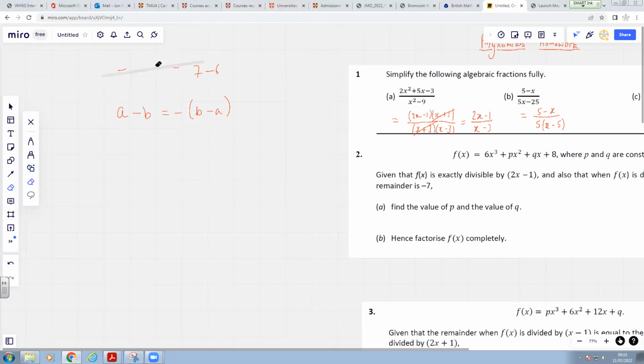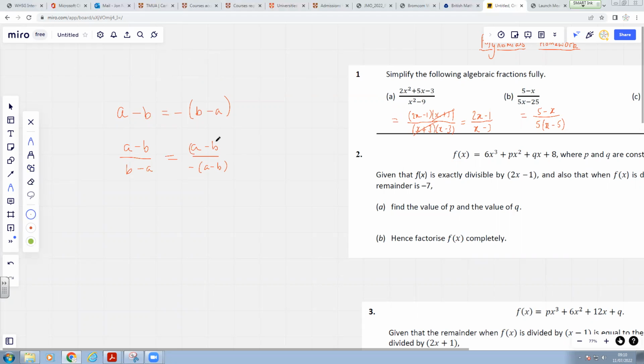So anyway, what that means is if you've got a minus b divided by b minus a, that's actually the same as a minus b divided by the negative of a minus b, because I can move that minus onto the other side, or you could write it at the top as minus b plus a. Perhaps it's easier to show you it like that.